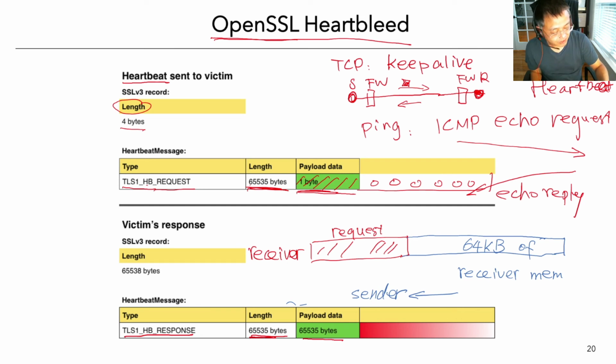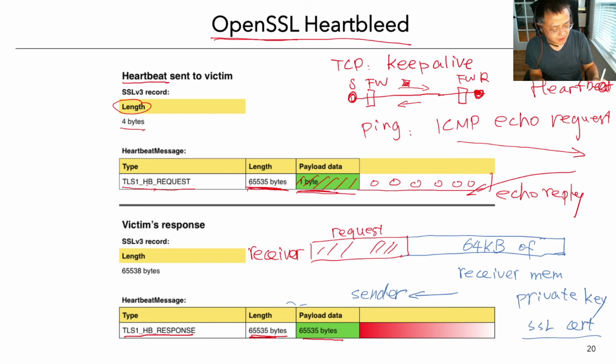If this happens many times, the attacker can get sensitive data. In some cases, it will be, say, the private key of your SSL certificate. Now you're going to lose everything.